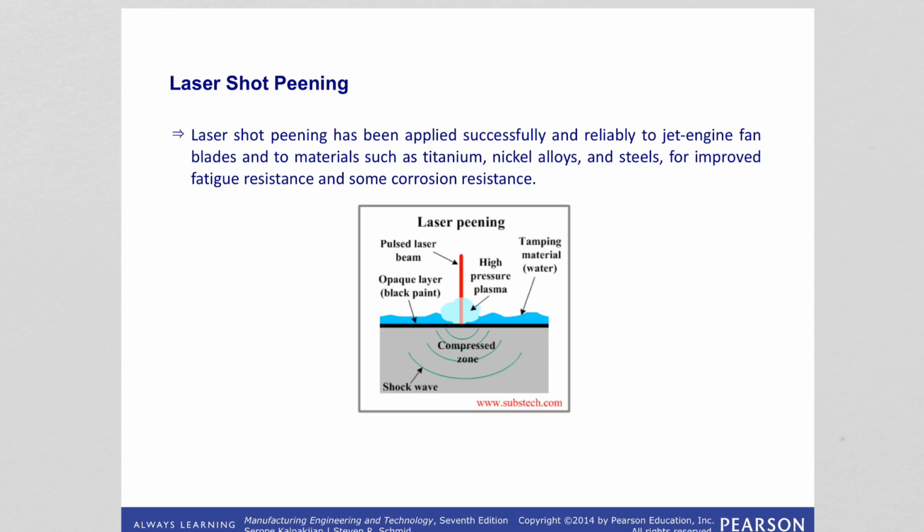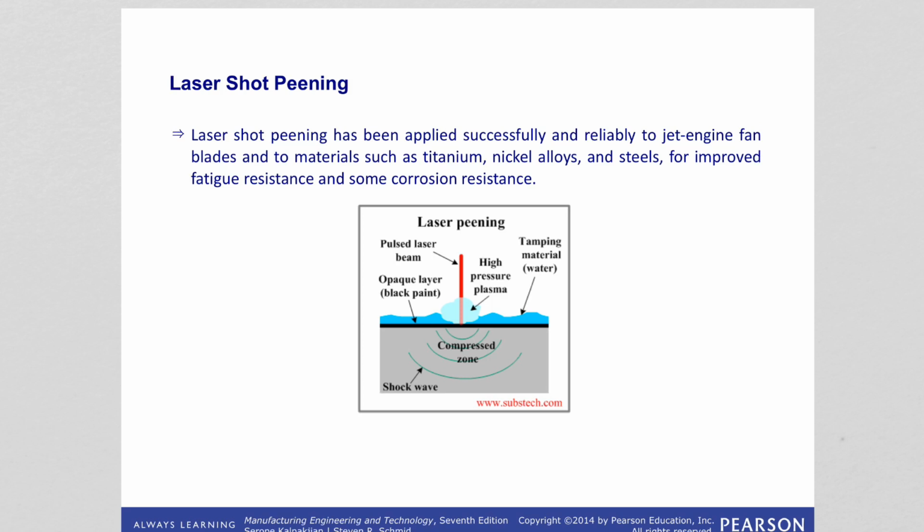The plasma gas is trapped between the workpiece and the transparent water layer, limiting the expansion of the gas. As a result, the gas pressure increases to an extremely high value. This high pressure is transmitted to the workpiece, producing a shock wave which travels through the part and generates compression stresses.